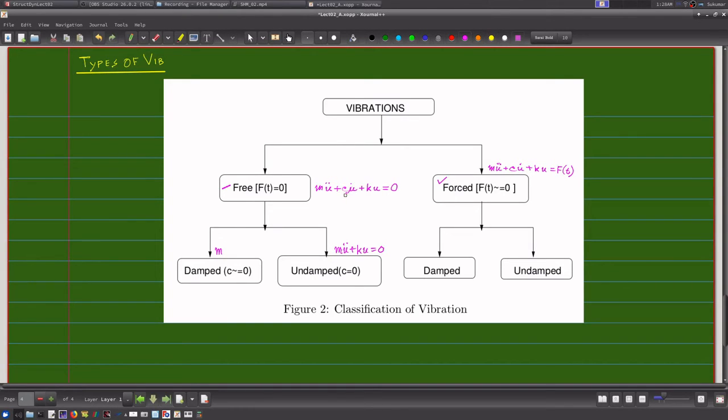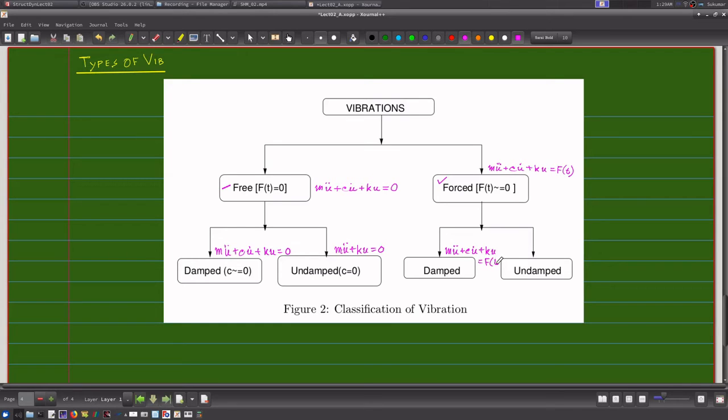Let me erase this. So I will have mu double dot plus cu dot plus ku equal to 0 because it is free. And similarly here, in case of forced vibration, if it is damped, then I will have all the terms that we have seen already, mu double dot plus cu dot plus ku equal to Ft.